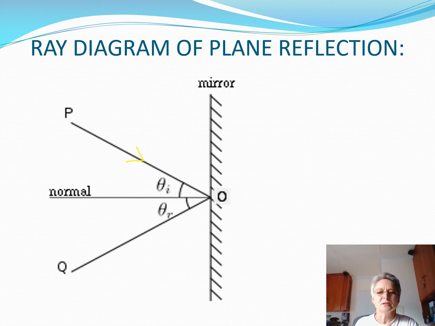The angle of incidence is measured between the normal and the incident ray. And the reflected ray is Q, and the angle of reflection will be measured between the normal and the reflected ray.